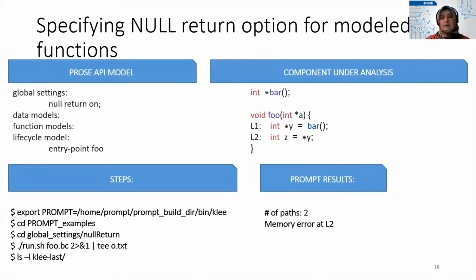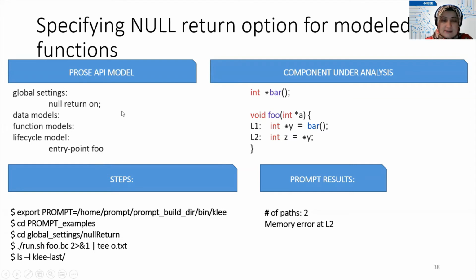Okay, so one way of modeling functions in PROMPT is symbolizing their return value. So if we have, let's say, external functions, they will definitely be modeled. The reason is that we don't have a function body to execute, right? We don't really have a choice.